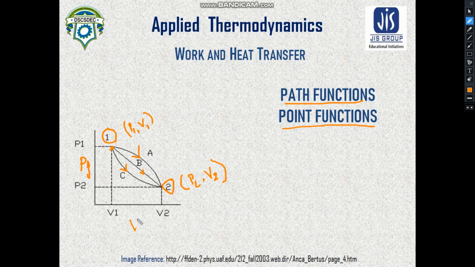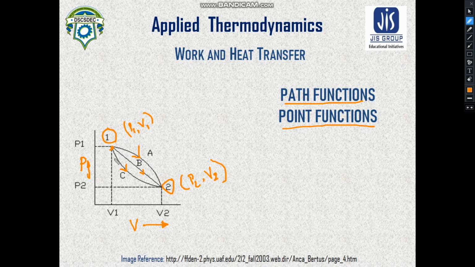So the area in the thermodynamic curves is very important. Since we do not have any understanding about work transfer yet, let us give you some information. The area under the PV curve denotes work transfer. How does it denote? Let us not get into that. Just remember this information. It will help to understand the nature of path functions and point functions.